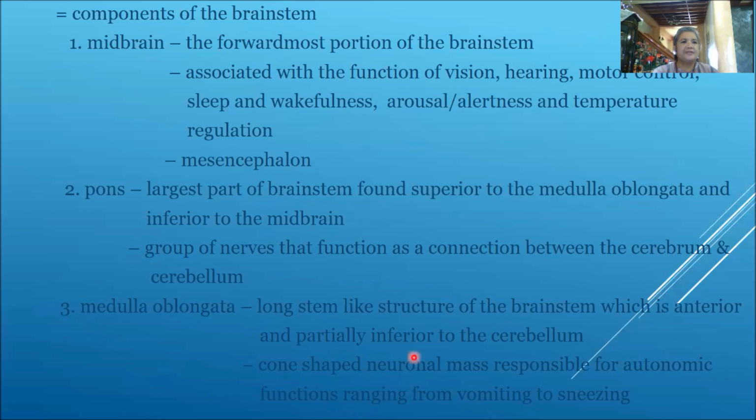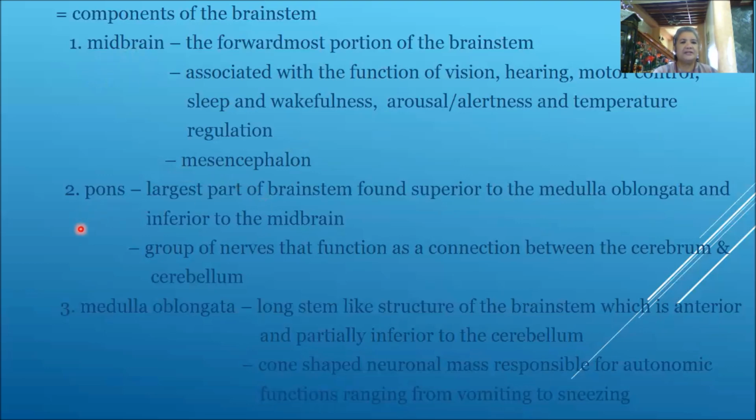Of the components of the brainstem, you have the midbrain, which is the forwardmost portion of the brainstem associated with the function of vision, hearing, motor control, sleep, wakefulness, arousal, alertness, and temperature regulation. Embryologically, the midbrain comes from your mesencephalon.